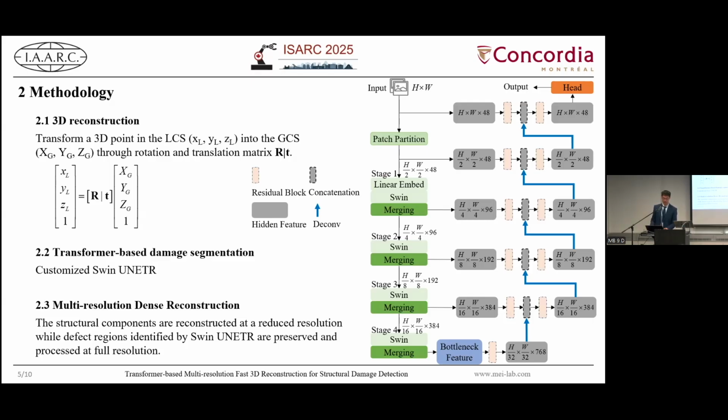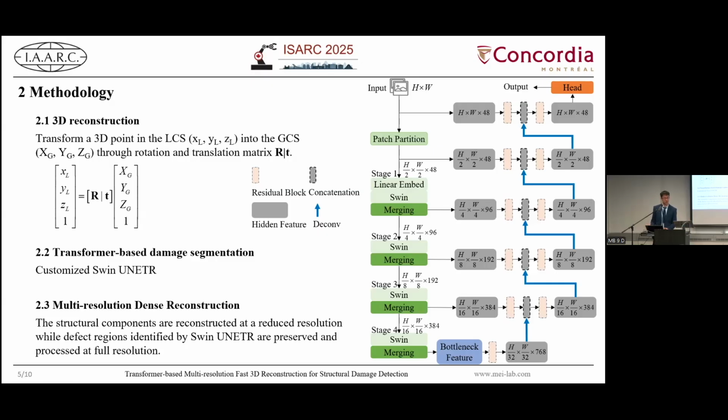So for the second part, transformer-based damage segmentation. You can see the architecture on the right side of the customized Swin UNETR. It starts by partitioning the input images through different patches and then passes them through different Swin transformer blocks, the hierarchical blocks.